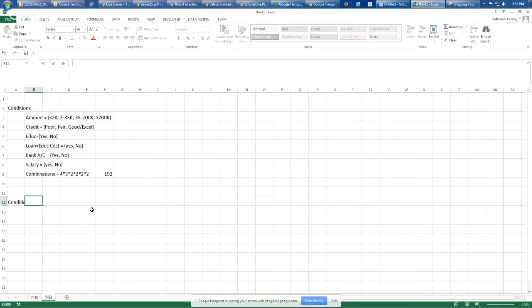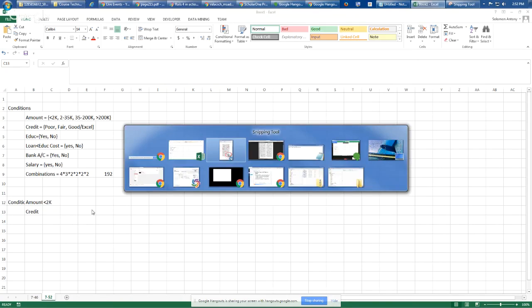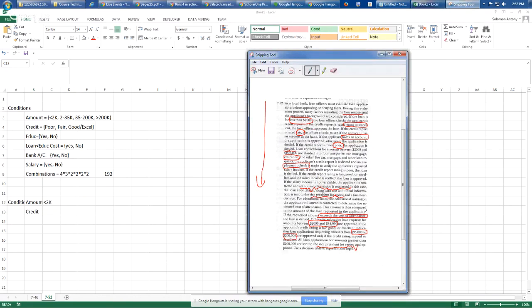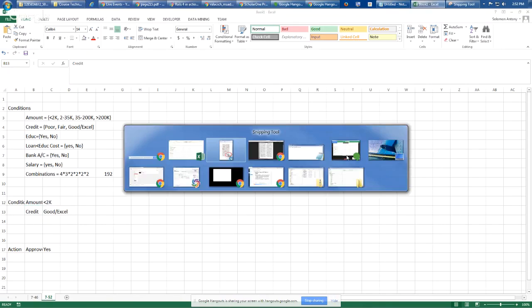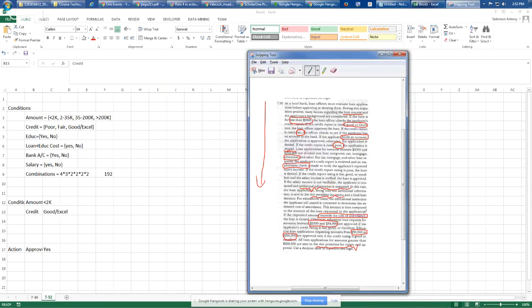So amount is less than 2K and credit is rated good or excellent, and action would be approve. Yes. Okay. So that takes care of this part.